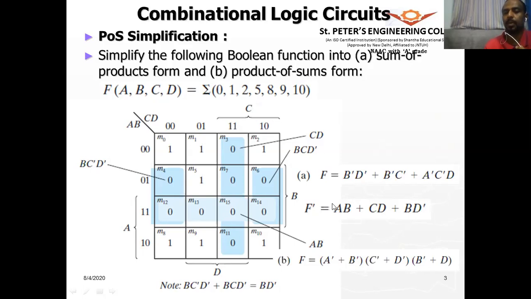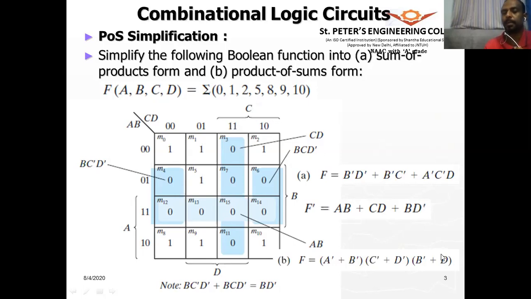So when you complement this, wherever the AND operation is there, it'll become an OR operation, and wherever OR operation is there, it'll become an AND operation. So this will be A complement or B complement, and this is AND operation. This will become C complement or D complement, and this OR will become an AND operation. Here AND will become an OR operation, and this will be B complement or D double complement.